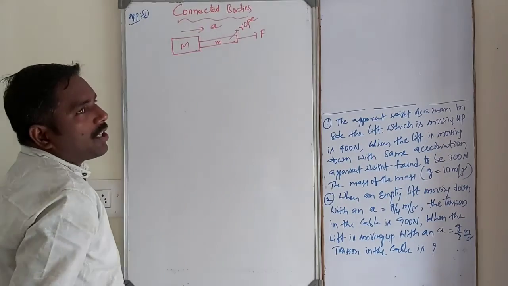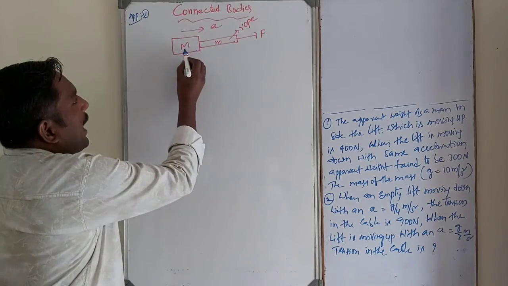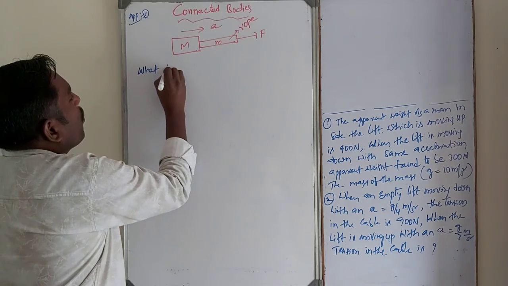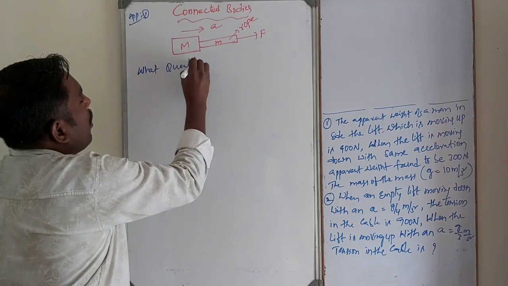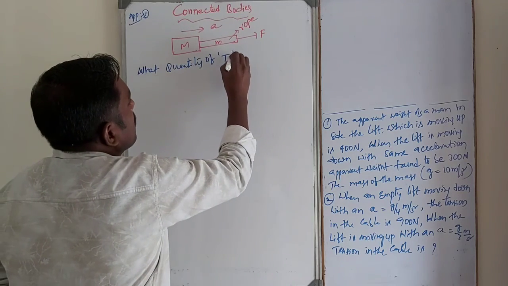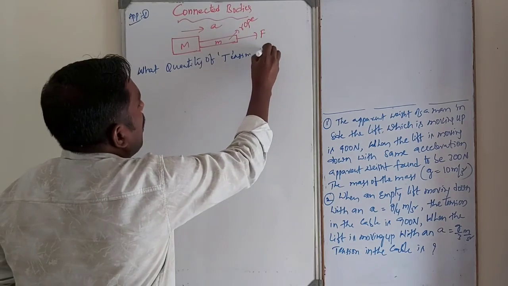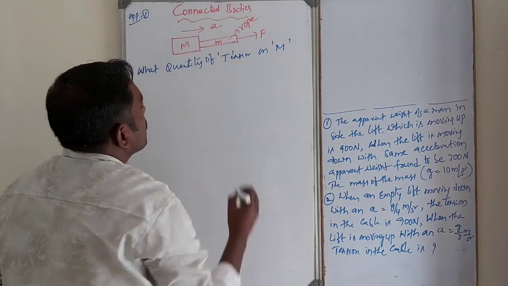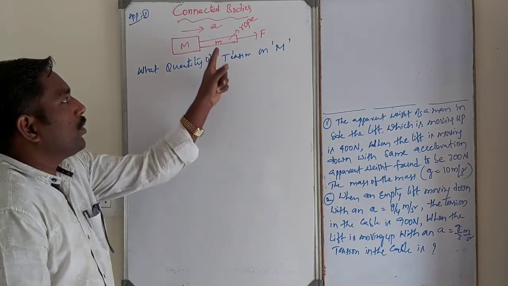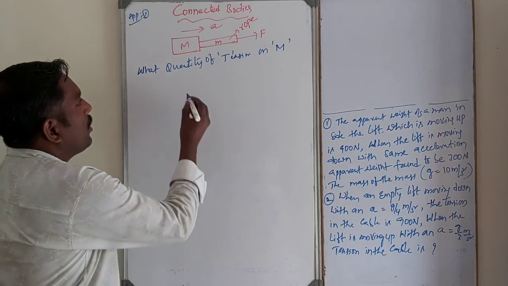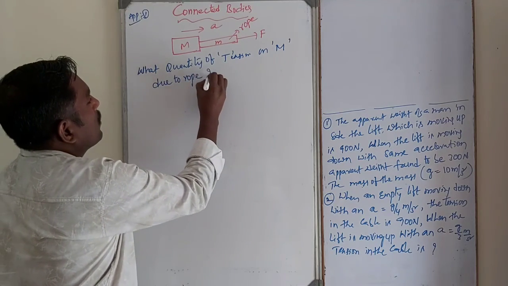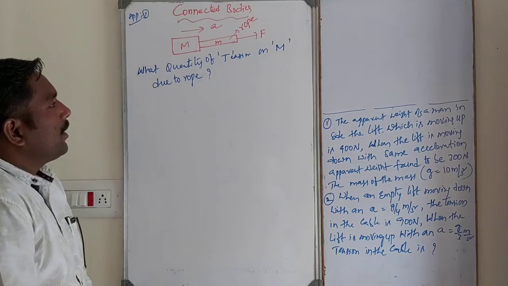What quantity of tension will be acting on capital M due to the rope?